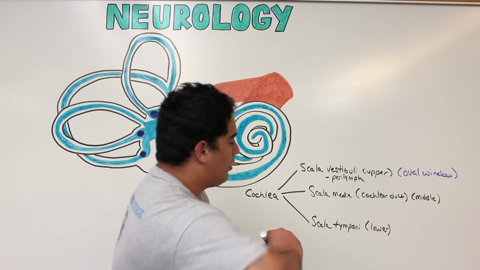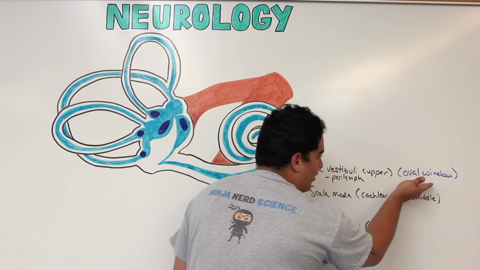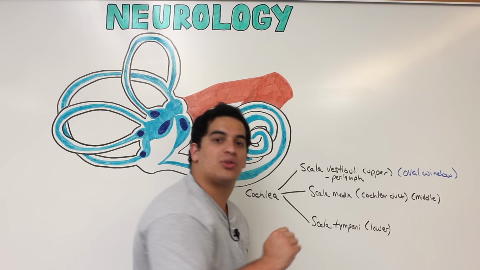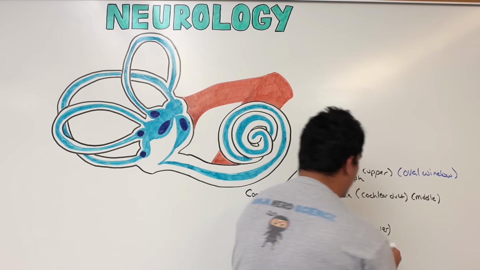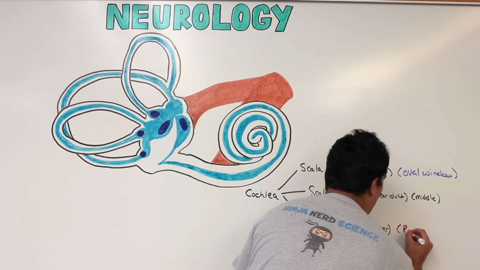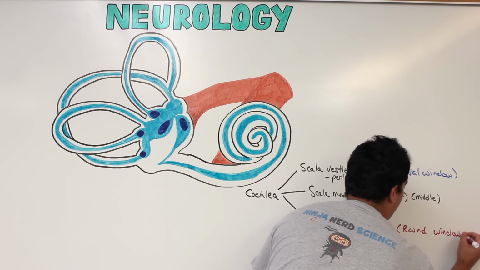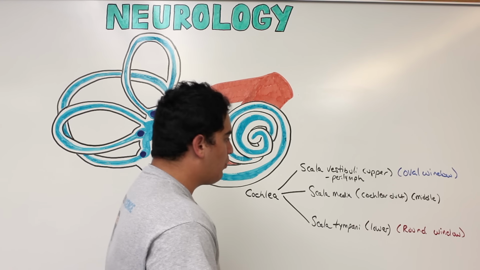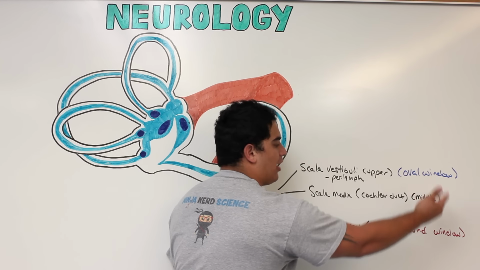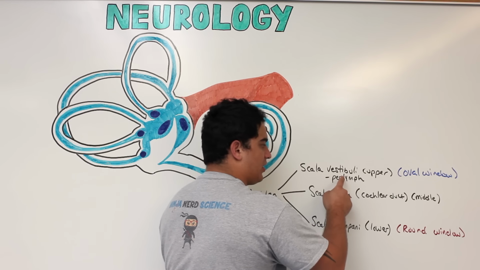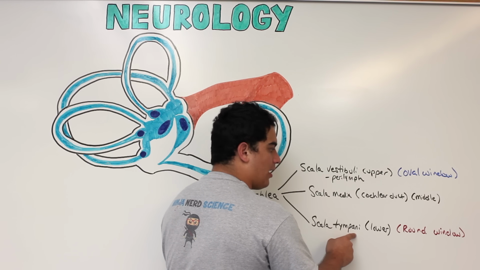There was another structure right inferior to the oval window. Remember that one? It was called the round window. If you remember, we said that the round window was important because some of the sound waves are going to come through the different parts of the scala vestibuli, the scala media, and the scala tympani.